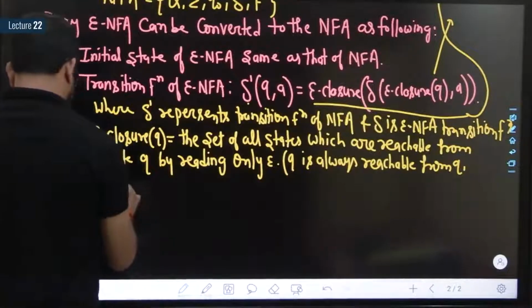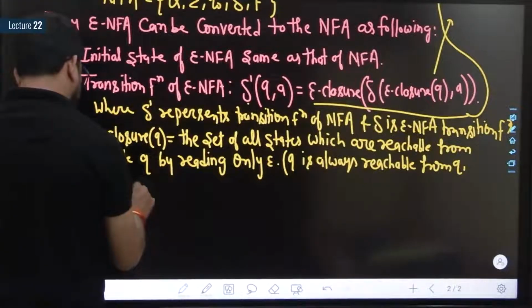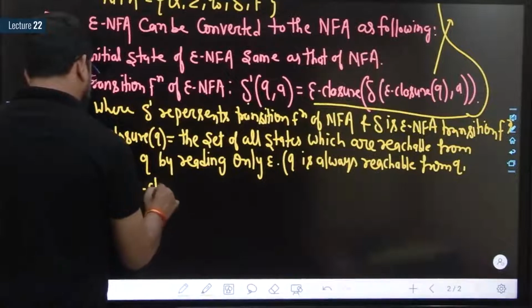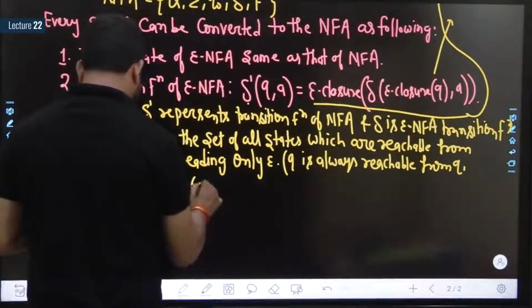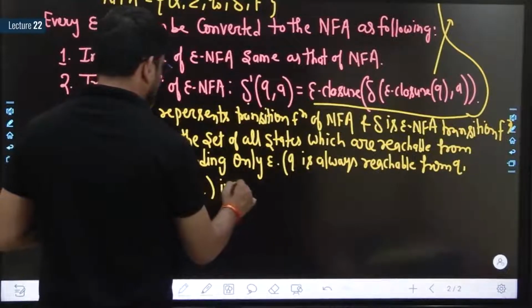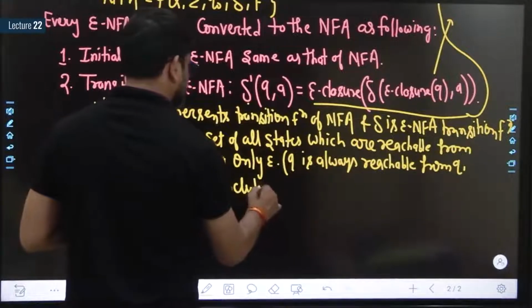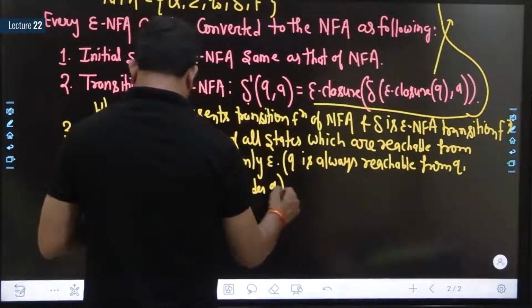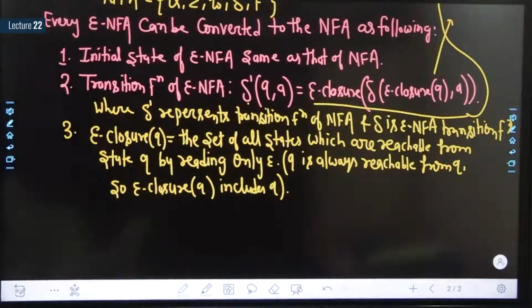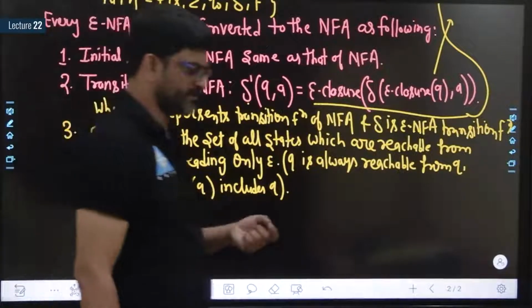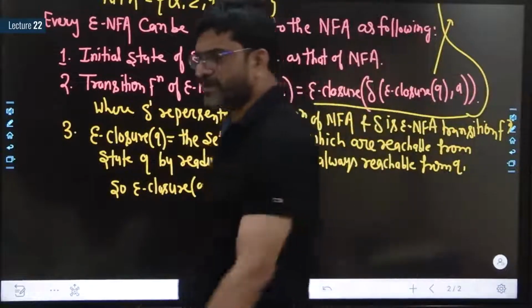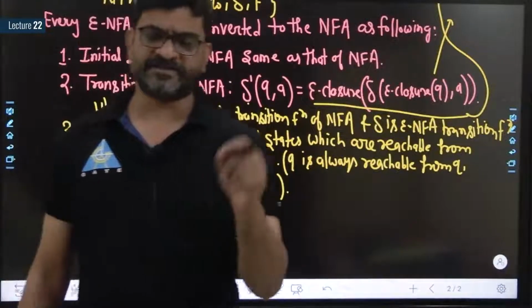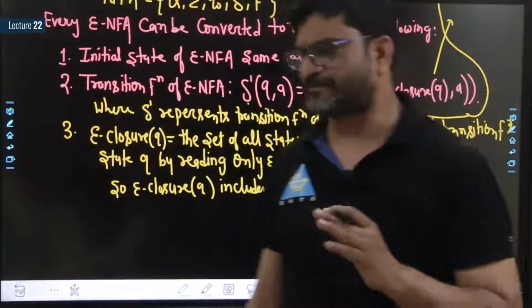So epsilon closure of Q includes Q. Please try to understand this point. This is a very important point. What is the epsilon closure of Q? The state itself is included in the epsilon closure.